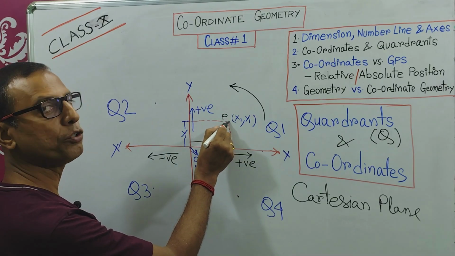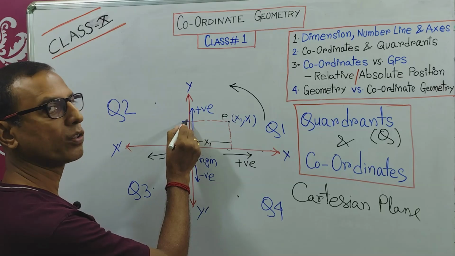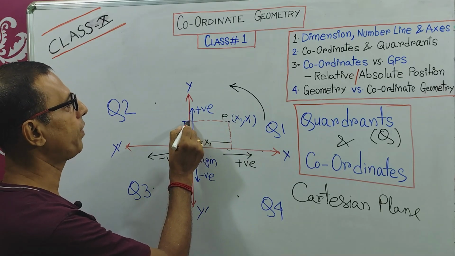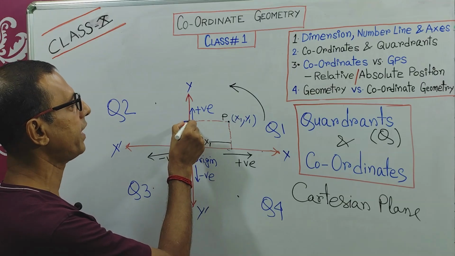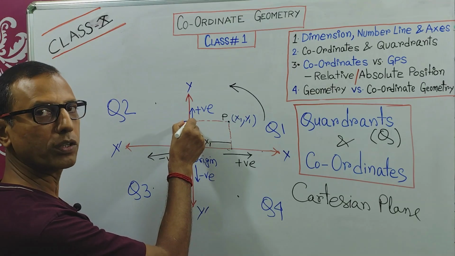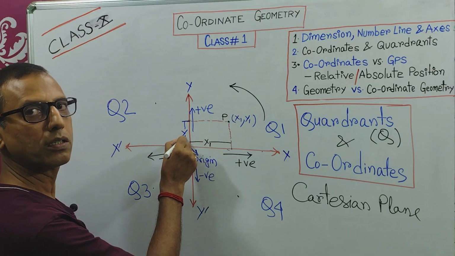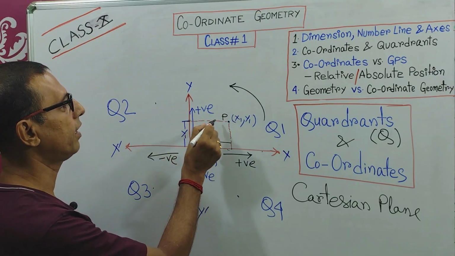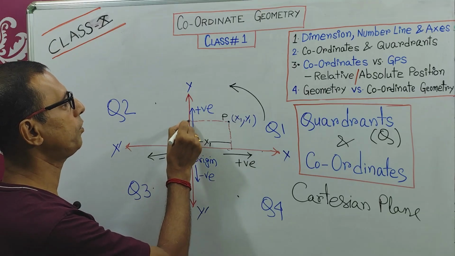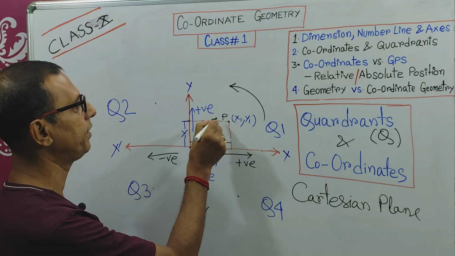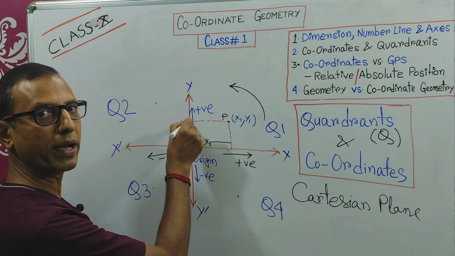From P you need to draw a perpendicular on the y-axis or parallel to the x-axis, right? And the point where it intersects, the distance on the ordinate from the origin to that point, that is y1. So y1 is the distance from the origin to the point where the perpendicular from this point intersects the y-axis.